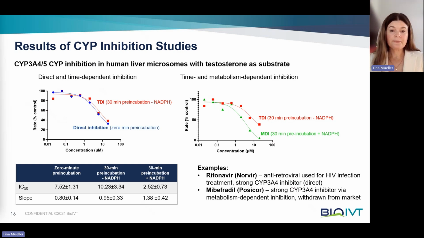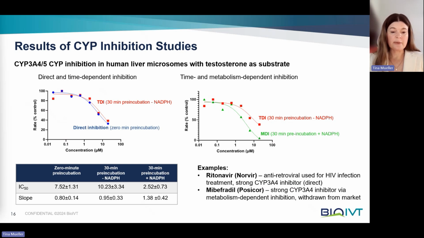On the right graph, the same red line from the left graph serves as a comparator for the green curve, which represents the 30-minute pre-incubation in the presence of NADPH. The shift to the left is evident, and the IC50 is indeed lower and was calculated to be around 2.8 micromolar.